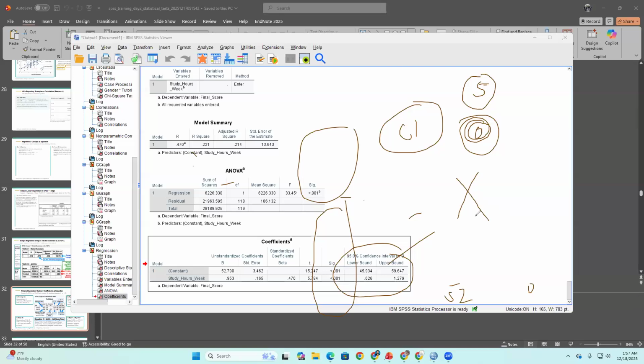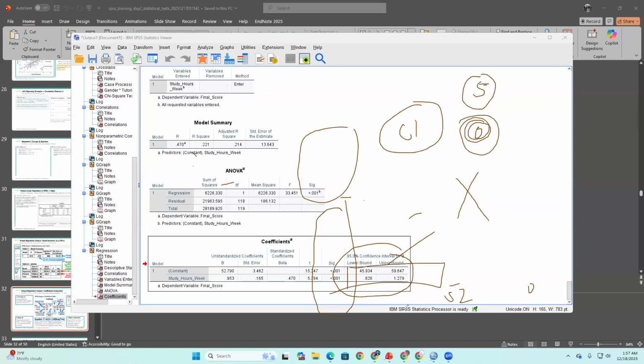Both values of the confidence interval might be positive or negative, but if it contains 0, then it's not significant. In this case, can you say whether the model is significant or not based on the confidence interval?